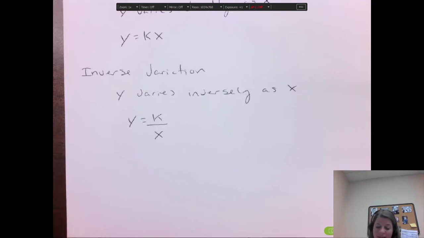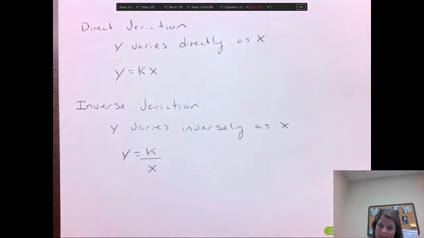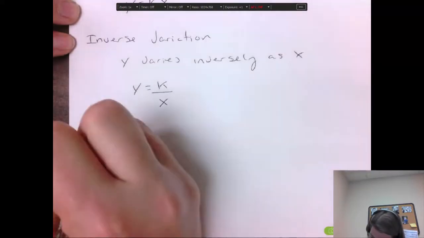Okay, then they throw in some that are varies directly as the power. So these two are the main two, really, that come up. But what if we have a power?